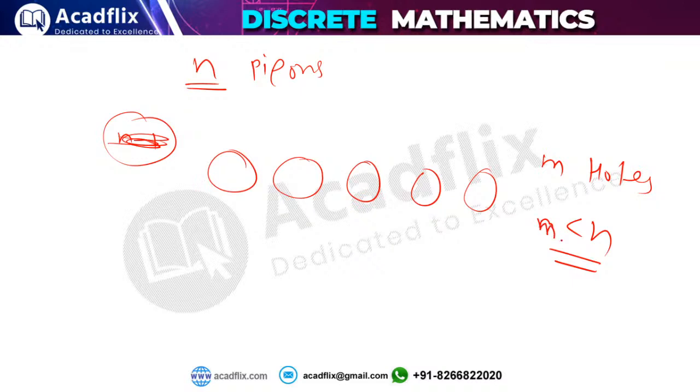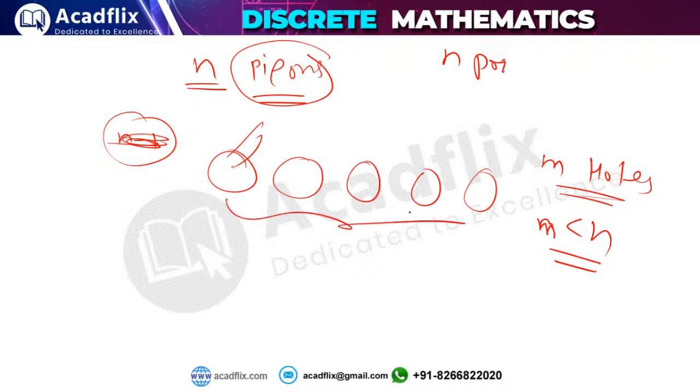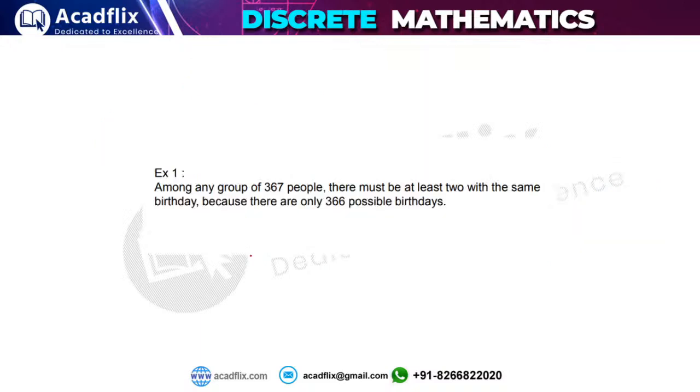Now what should happen if you have more pigeons and the number of holes is less than n? At least two pigeons must go to the same hole. So this is the idea basically. If you have n people and you have fewer than n rooms, then at least 2 persons must go to the same room. This is the basic idea of the pigeonhole principle.